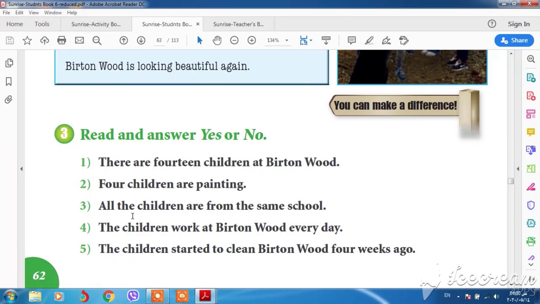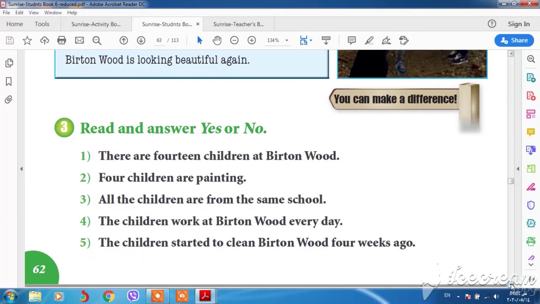Number 3, all the children are from the same school. Yes or no? Of course yes. The children work at Burton Wood every day. Yes or no? Of course no. Every weekend. They work at Burton Wood every weekend. The children started to clean Burton Wood 4 weeks ago. Yes or no? Of course no. 2 weeks ago. They started to clean Burton Wood 2 weeks ago. Okay?